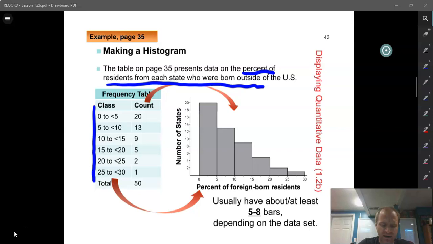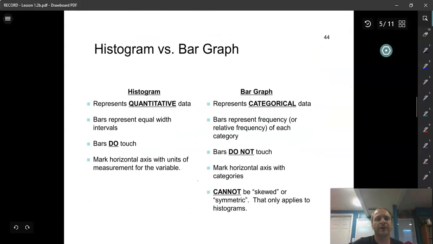Now, if I want to talk about outliers, I don't see any possible outliers here. Now, if there were classes with gaps in between them, and all of a sudden, boom, a bar on the histogram over here, there's gaps, I would then say, you know what, that could be a possible outlier somewhere in there. But the histogram allows us to look at shape, center, and spread for the information as well.